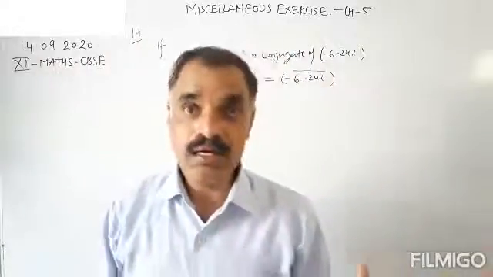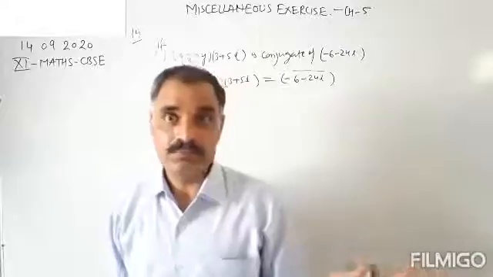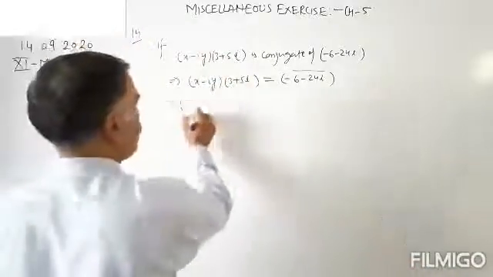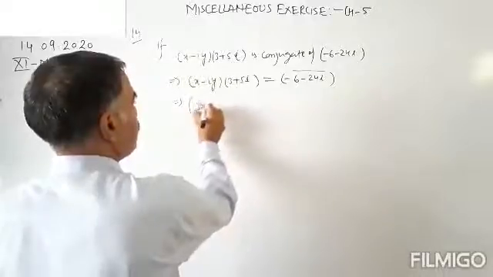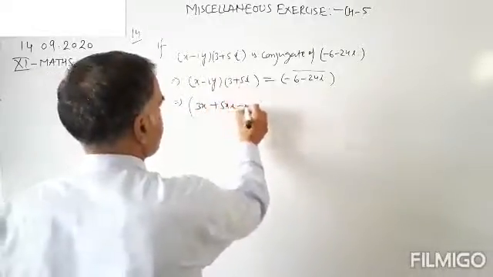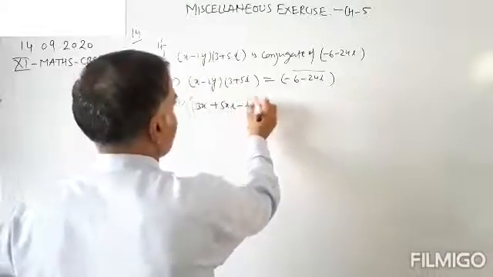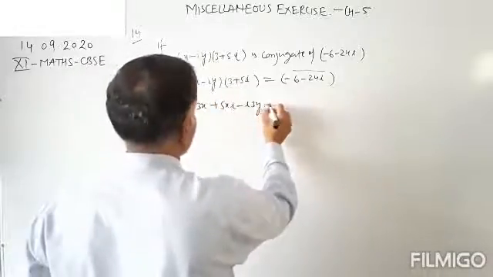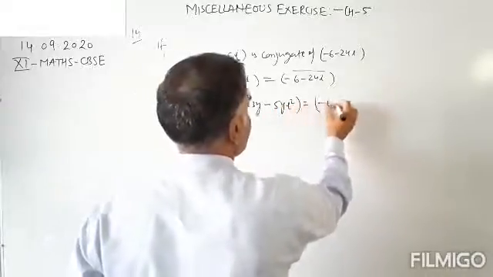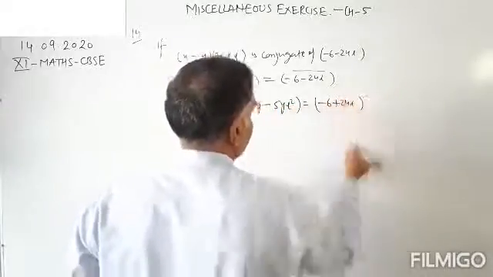Now I think there is no problem in finding this. Multiplying this, 3x plus 5x iota minus 3y iota minus 5y iota square is equal to minus 6 plus 24 iota.